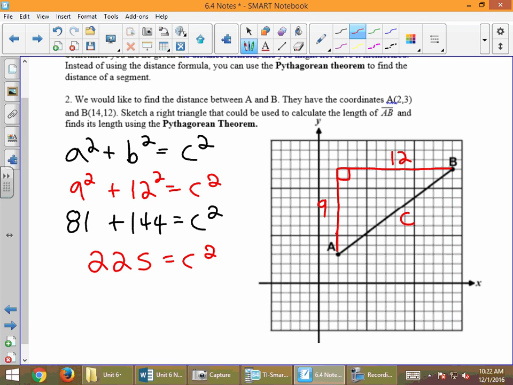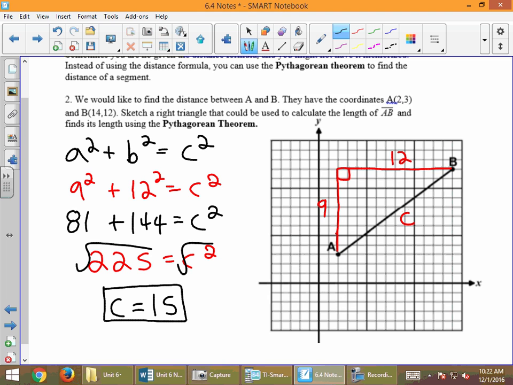How do I get rid of that square? Square root. So c equals 15. Our distance is 15 units in this case.